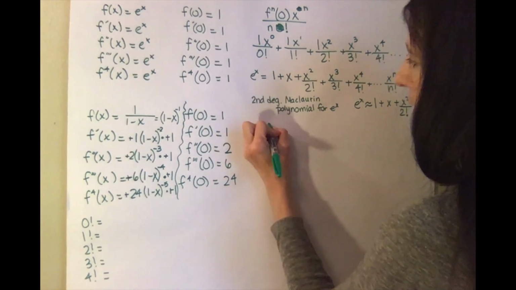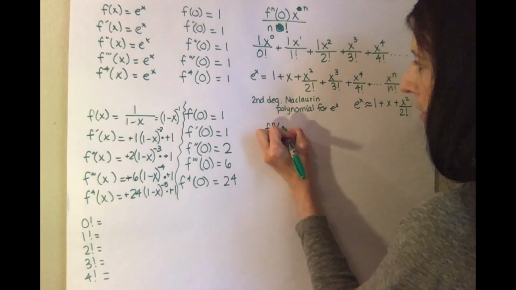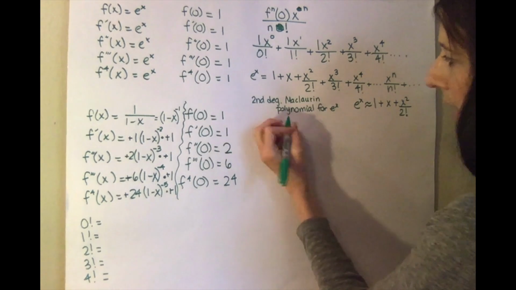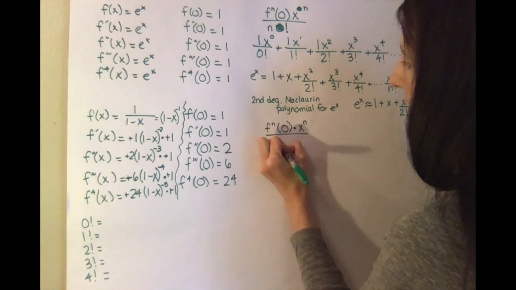So again, we're using the formula for the general term for Maclaurin polynomial, which is the nth derivative evaluated at 0, x to the n over n factorial.